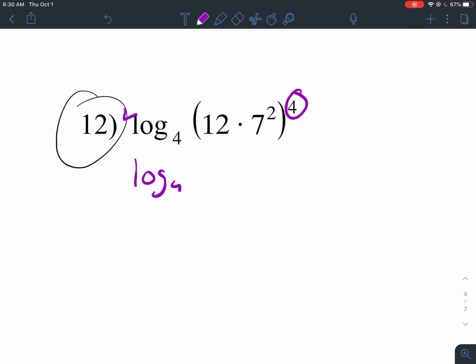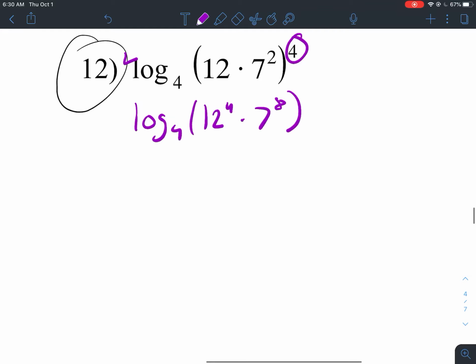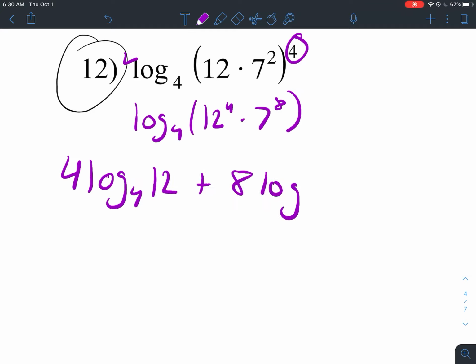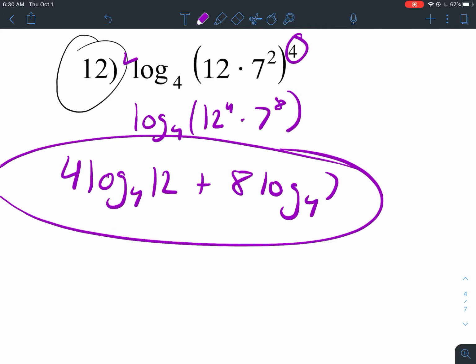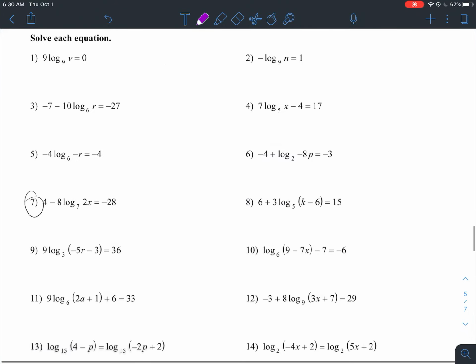I think that would make the most sense. So we would end up with log base 4 of 12 to the 4 times 7 to the 8th, right? You multiply the powers. So when we expand this, we get 4 log base 4 of 12 plus 8 log base 4 of 7.